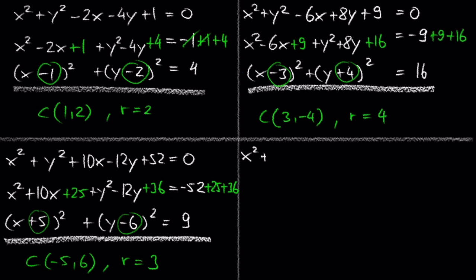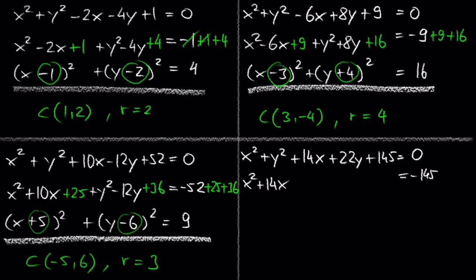x squared plus y squared plus 14x plus 22y plus 145 equals 0. We bring the 145 to the other side, which then becomes negative 145. And on the left hand side we can write x squared plus 14x plus y squared plus 22y.